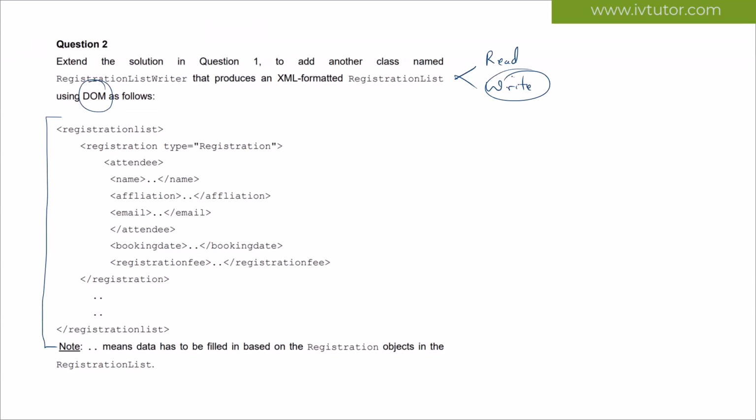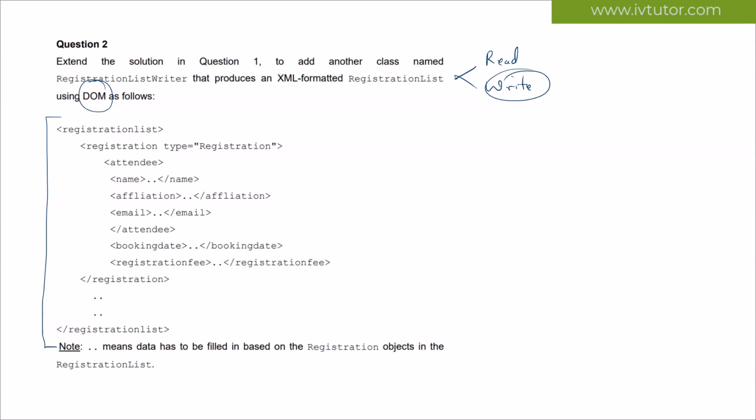Now, quickly, because I know you've got other reference videos that you can use to understand DOM, I don't want to re-explain too much because it's the same concept. Now, XML is a hierarchical data structure, which means that there's a parent-child relationship that happens with your data. So if we observe this here, we can see that a registration list. Okay, before I go there, XML is also made up of tags.